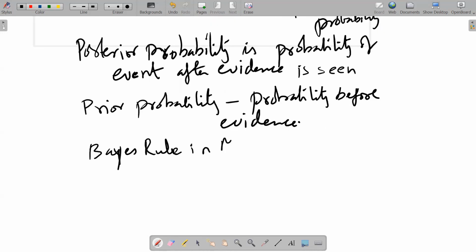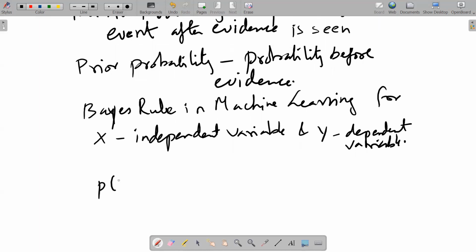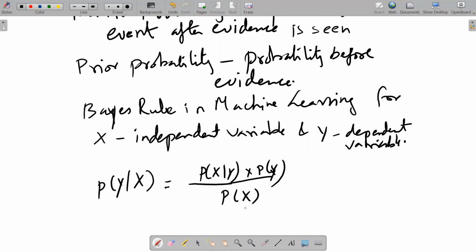In Bayes' rule for machine learning, x is an independent variable and y is the dependent variable. Probability of y given x is equal to probability of x given y multiplied by probability of y divided by probability of x.